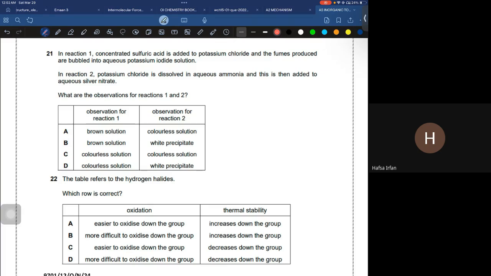Iodide is I minus. In reaction 2, potassium chloride is dissolved in aqueous ammonia, and this is then added to aqueous silver nitrate. What are the observations for reaction 1 and 2?